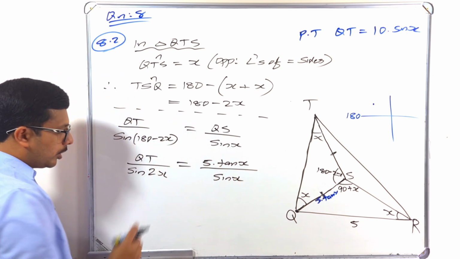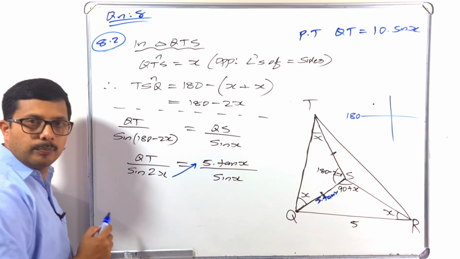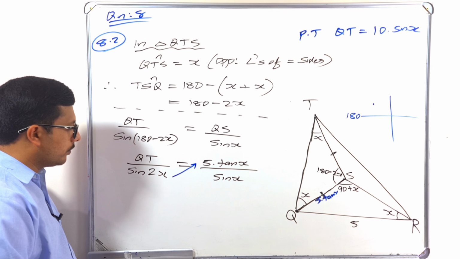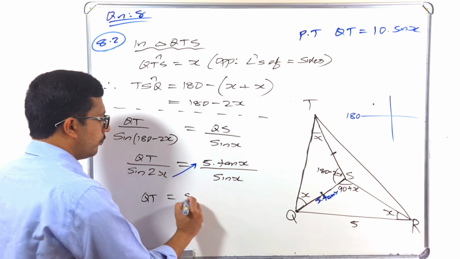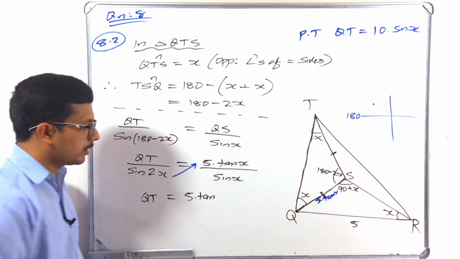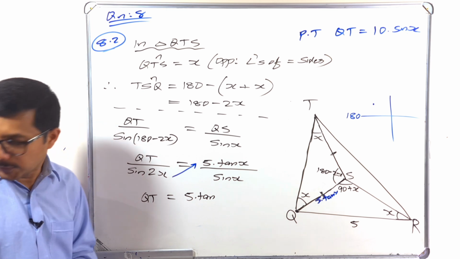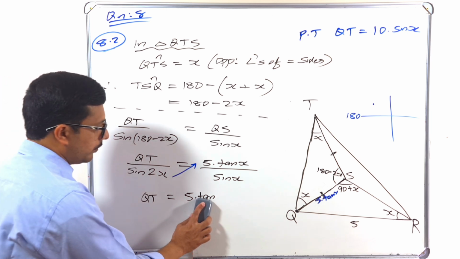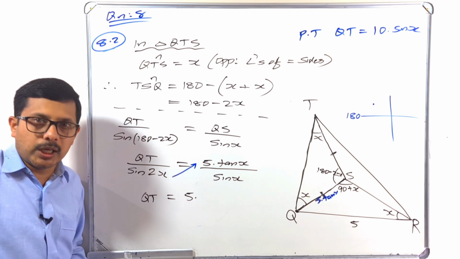Now cross multiply this one. This sine 2x will go there and multiply. So QT is equal to 5 tan x. What is tan x? Sin x by cos x, is it not so? Let me write in this step itself. We know that tan x is sin x by cos x.